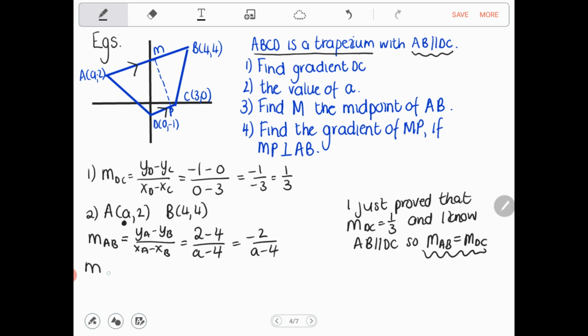And what is the gradient of DC? It's 1 over 3. So that means that I have an equation because these 2 lines are parallel.